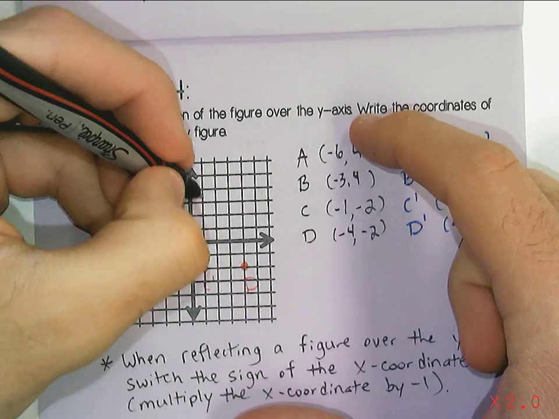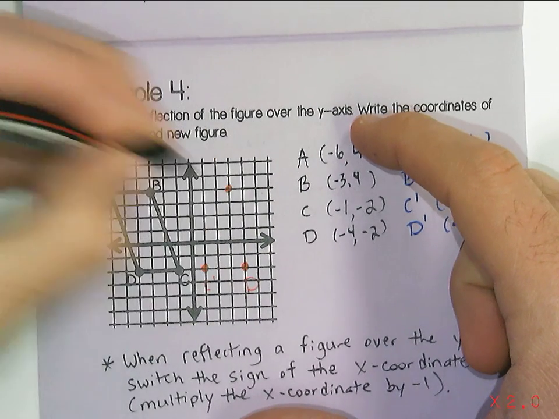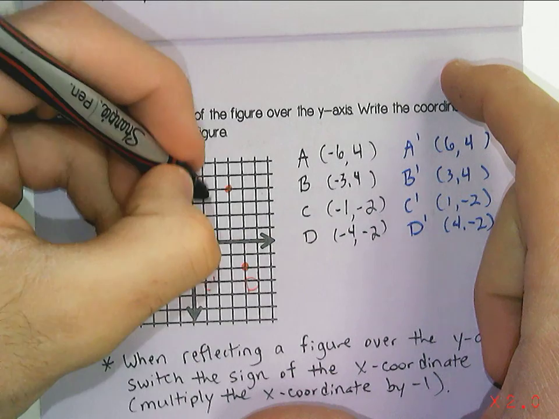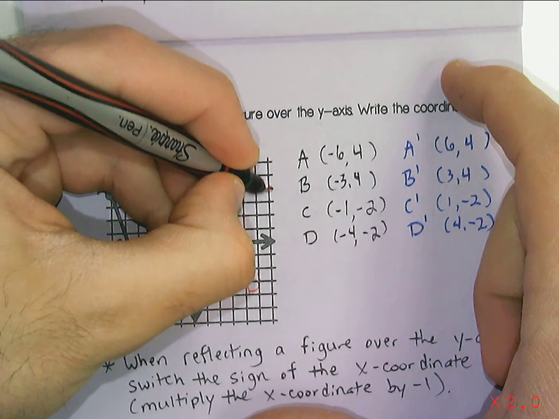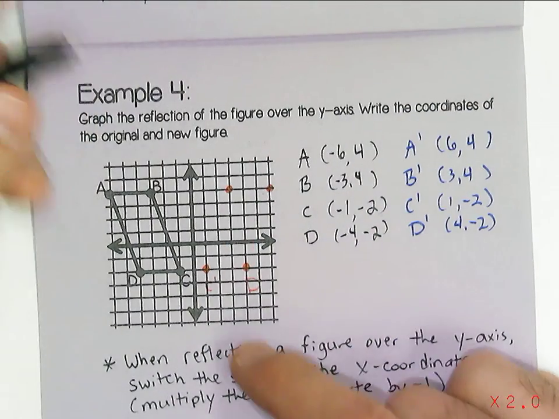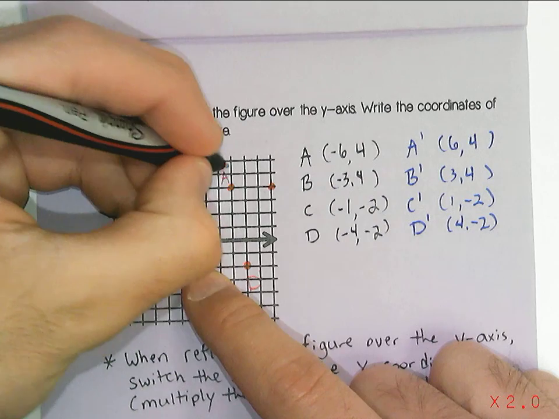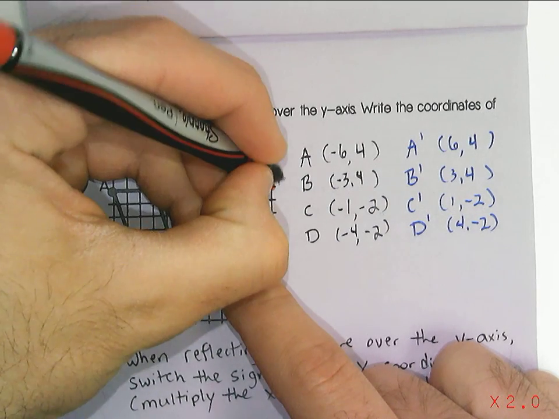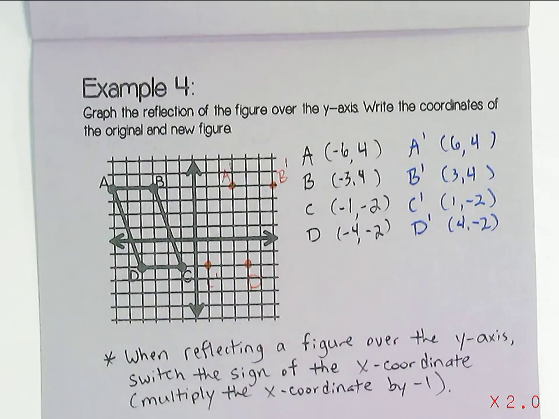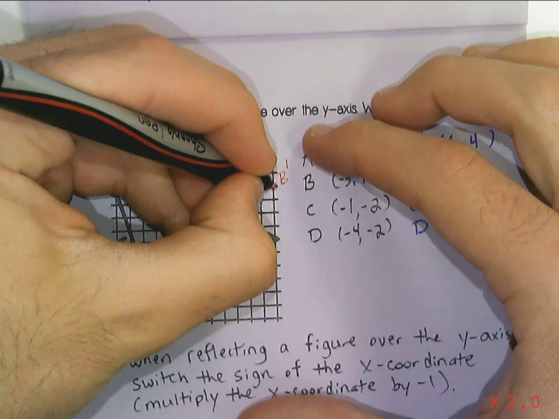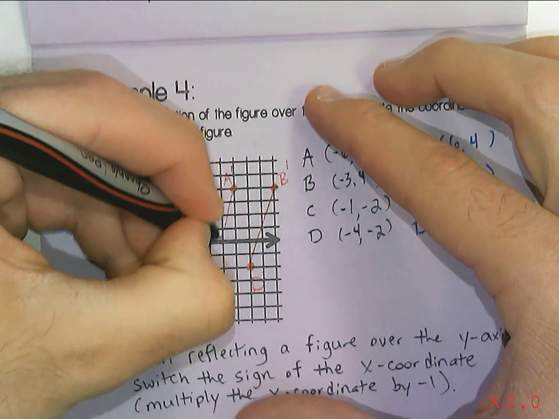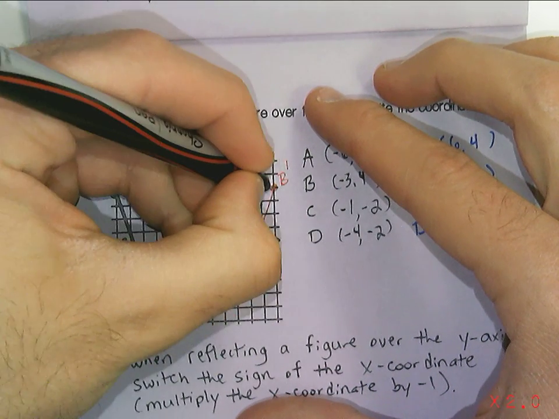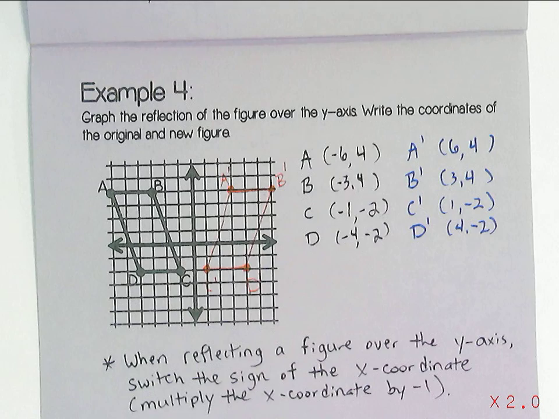B is 3 away, so we would move this 3 here, and A is 6 away, so we'd move that to here. And again, these coordinates all match up, and they are equidistant from the line of reflection. So if we draw this picture in, it should look exactly the same, just flipped, which it does, so we are good to go on that one.